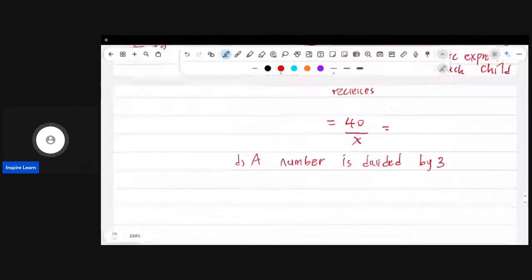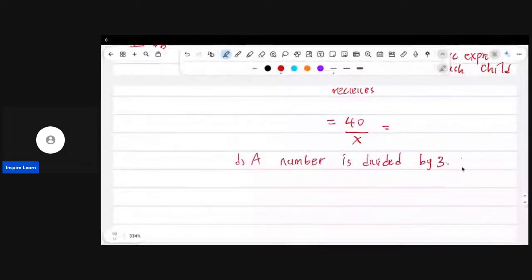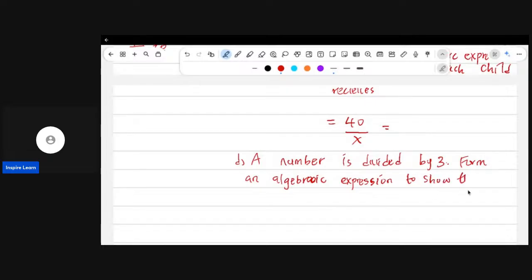Then you're told to form an algebraic expression to show this. So what does it mean?